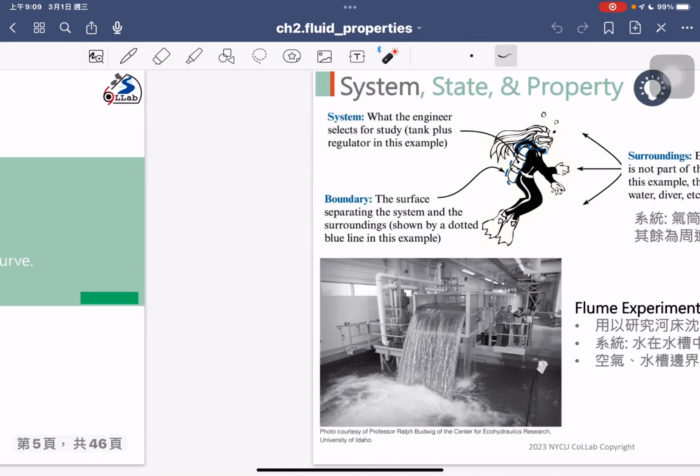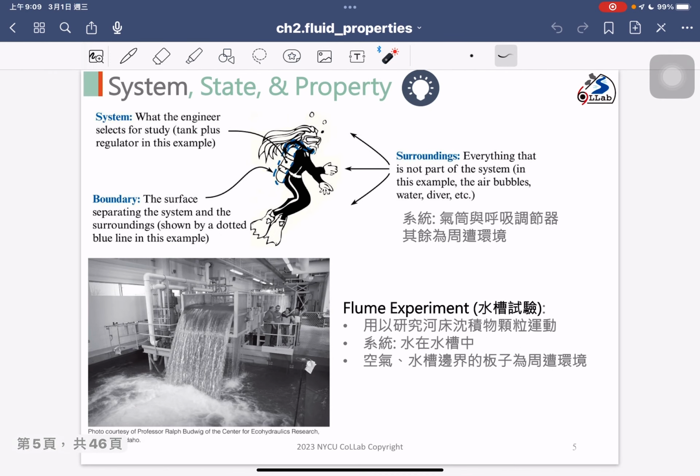Okay? So on this slide, we are trying to describe the system first and tell you what the state is in this case and what properties we need. Okay? So first, how can we describe the system just based on the figure shown here?